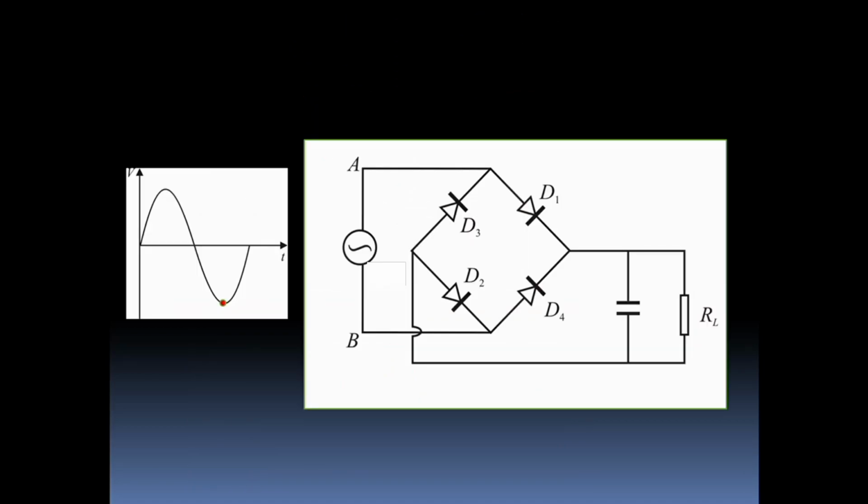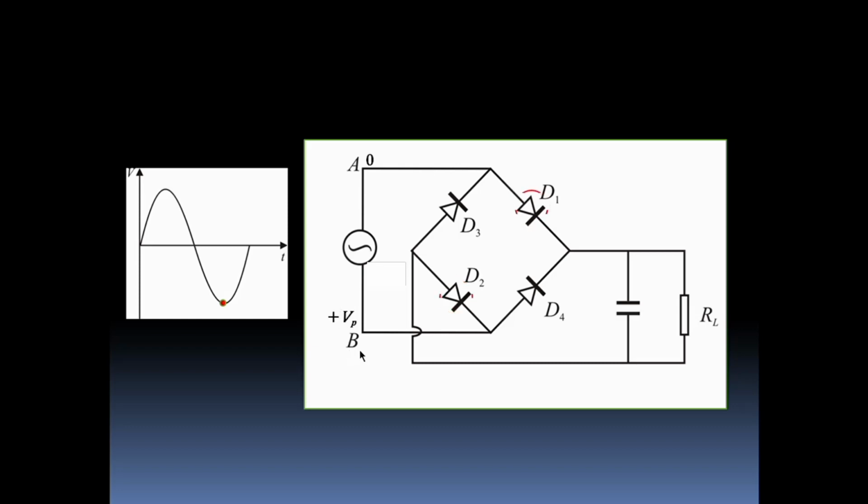Next, consider this circuit, the bridge circuit we use for the full wave rectification. Again, I am going to talk about the peak voltage of the second half cycle. At this moment, D1 and D2 are reverse bias and D3 and D4 are forward bias. Now if we consider the potential at A is 0, B's potential must be plus VP.